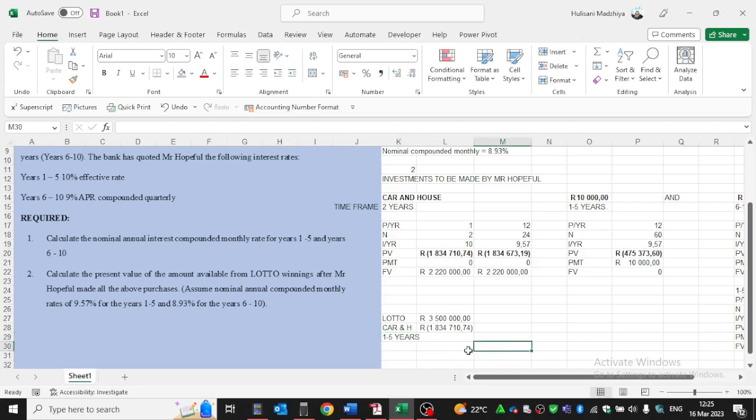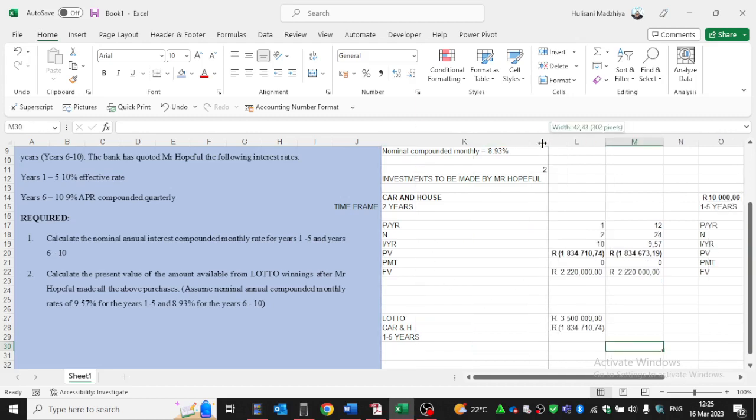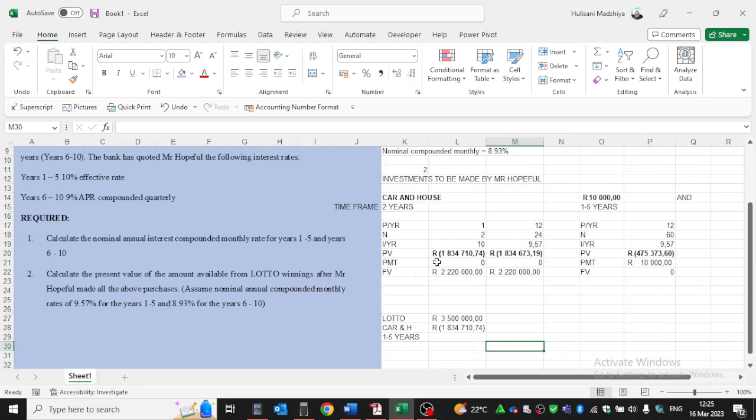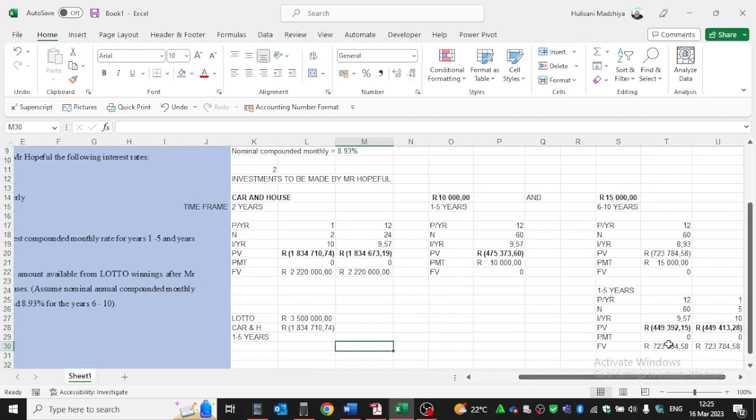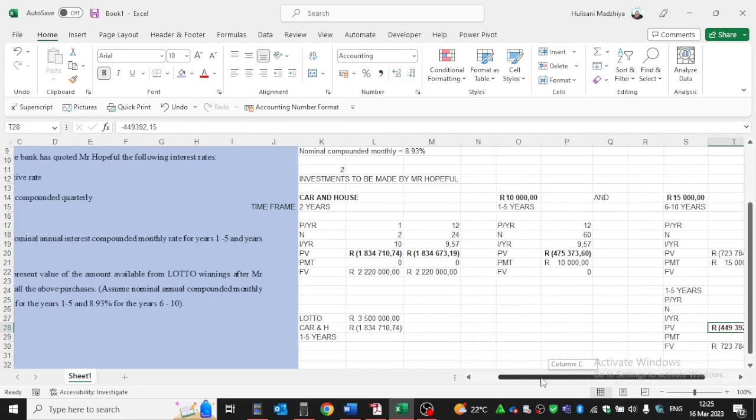So what can actually happen here is that instead of saying that for 1 to 5 years you should only invest 475 for 10,000, you can combine the two investments. This one for the 1 year to 5 of 15,000 and the one for 10 years, because these two investments will be made simultaneously at the same time.